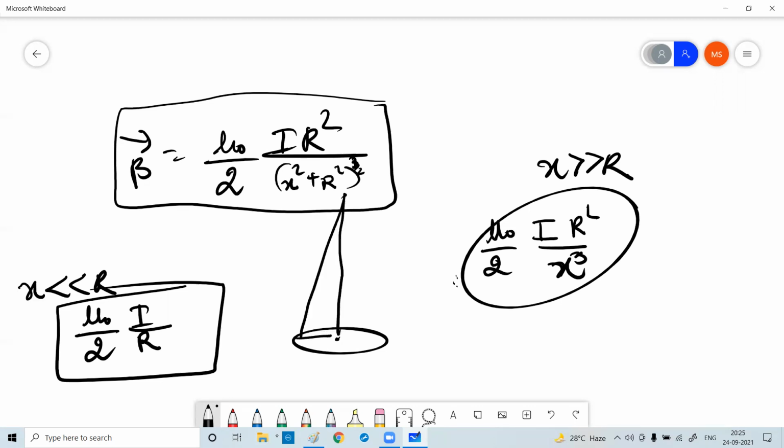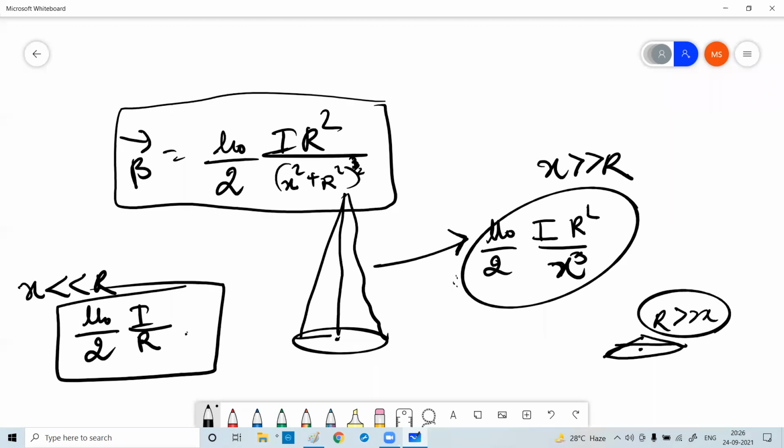At a very far point, you will get this answer. Understood? But if your distance is very small, r is very, very big, then your expression will become mu naught I by 2R.